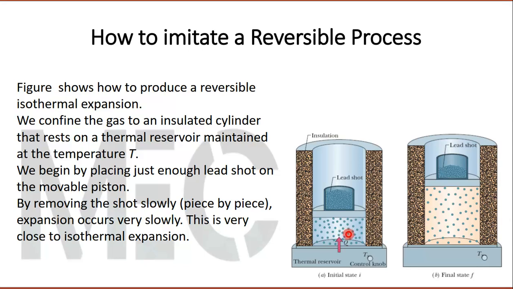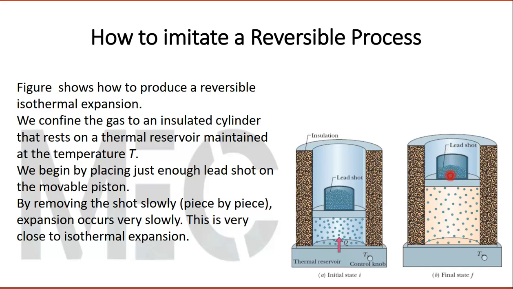And at the end, when the lead shot has decreased, you will have the gas expanded like this. If you put the lead shot one by one slowly back in, we'll have a reversible isothermal compression.